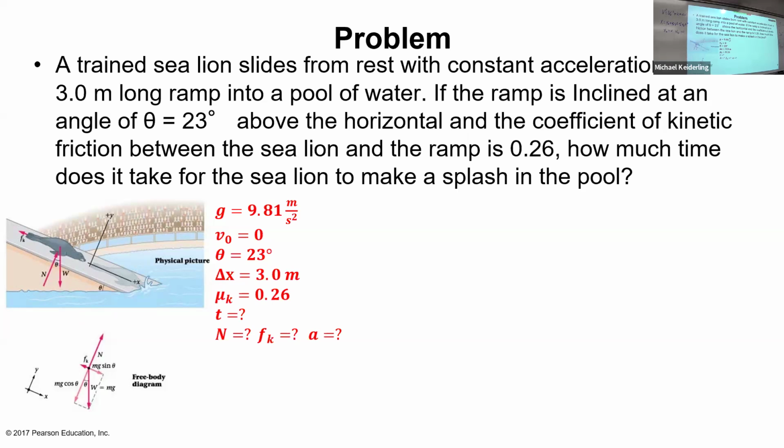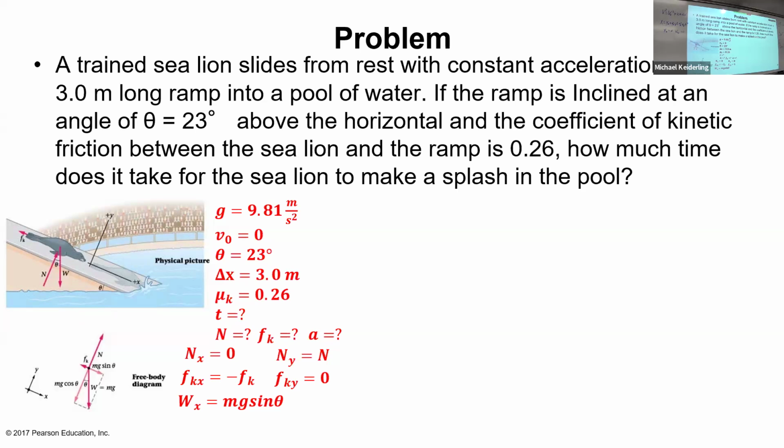To do this, we'll need to know the normal force, the kinetic friction, and the acceleration. We know the x component of the normal force is 0, and the y component of the normal force is N. The x component of friction is minus kinetic friction, and the y component of friction is 0.